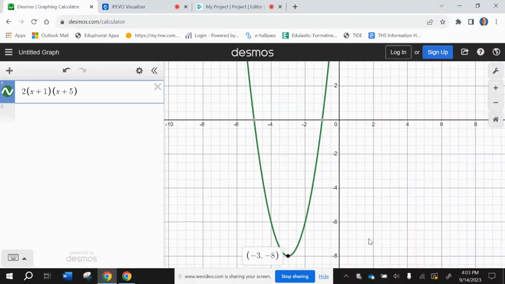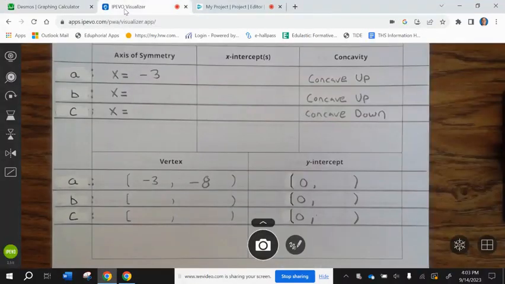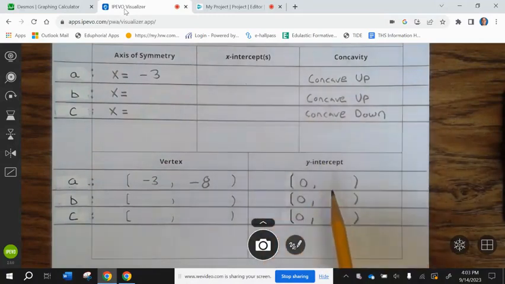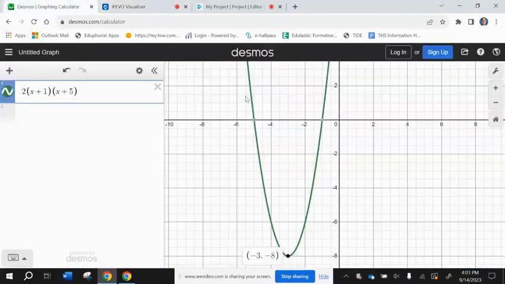There's my vertex. So x equals -3, and the vertex is -3, -8. We know it's concave up. Let's find the x-intercepts and the y-intercept. So the x-intercepts are -5, 0 and -1, 0.